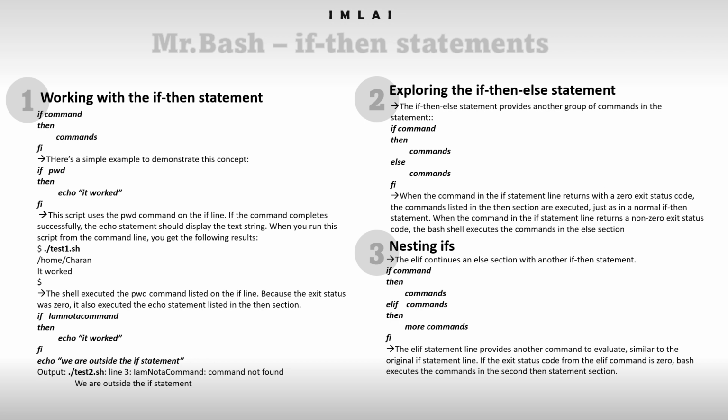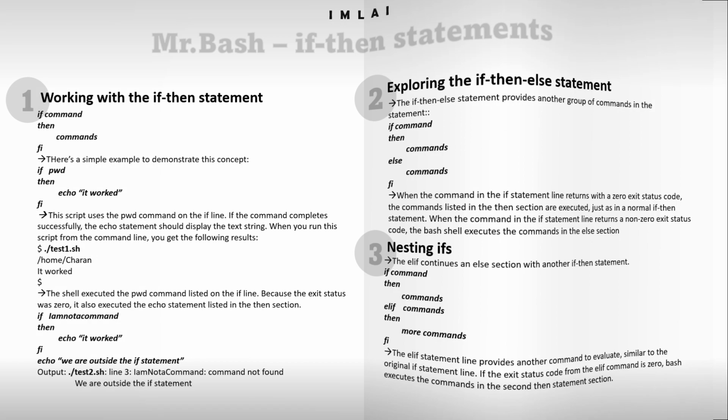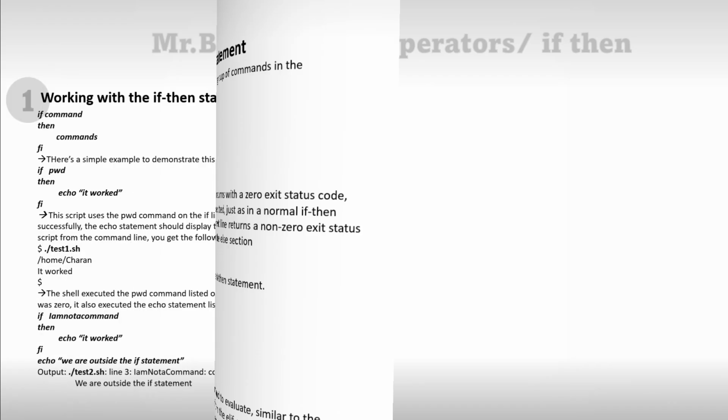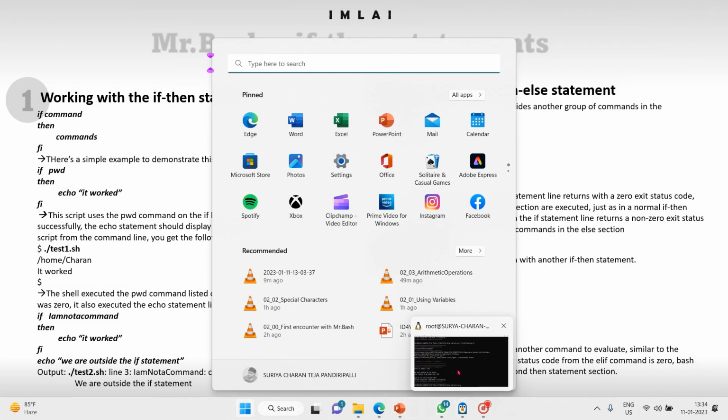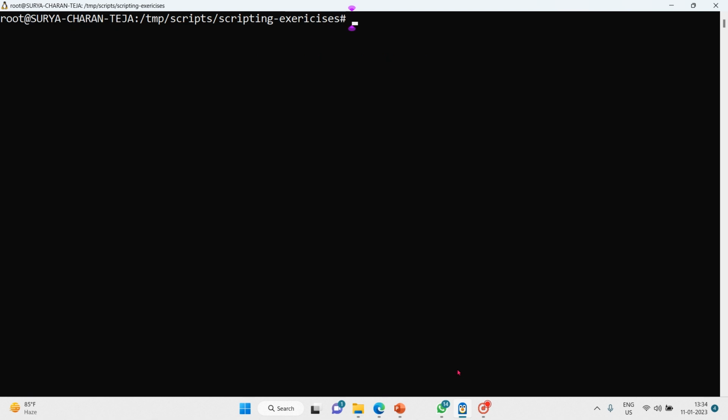So now what we will do is go for one more exercise on nesting ifs, or we can call it the if then elif statement. Okay. Yeah, we will get back to the WSL. Let me clear the screen and then Vim it again. Vim.